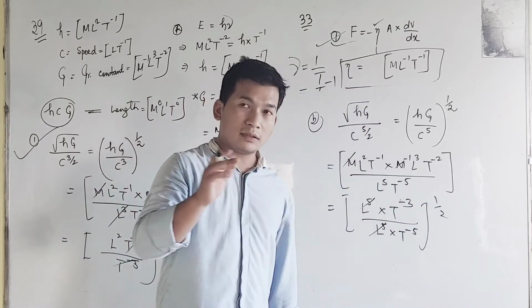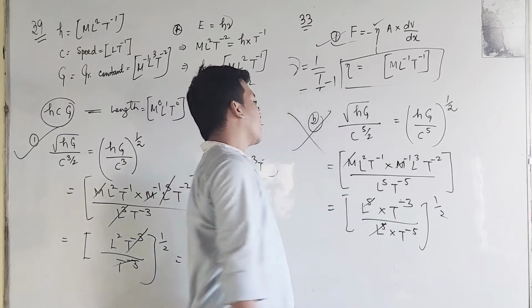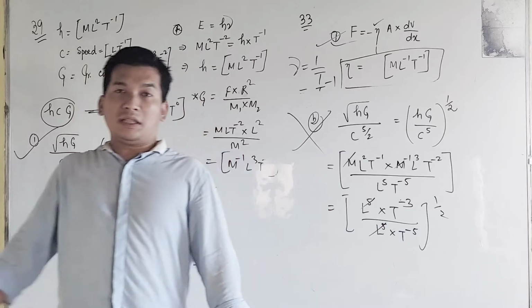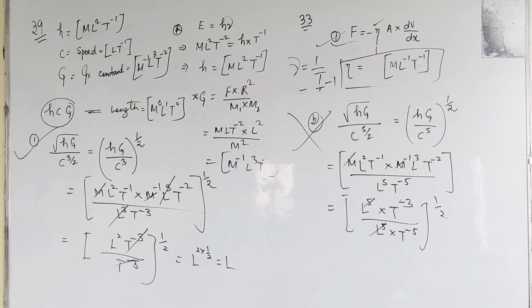That means this option number B is wrong. In the question we have to find an equation equivalent to length in terms of dimension, but after solving option number B, the length is eliminated from numerator and denominator.